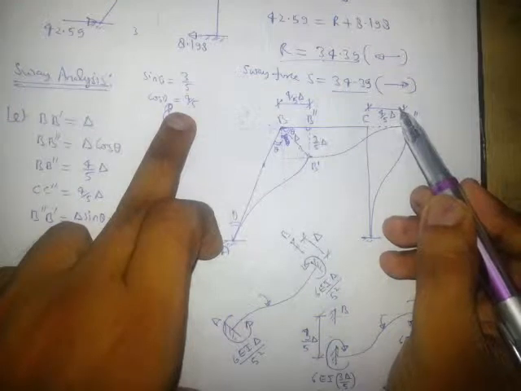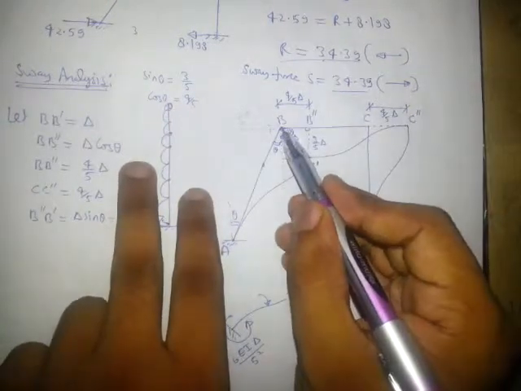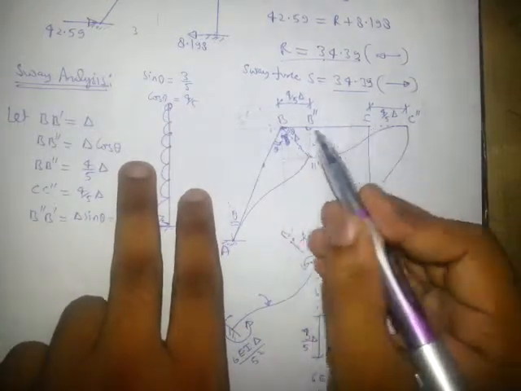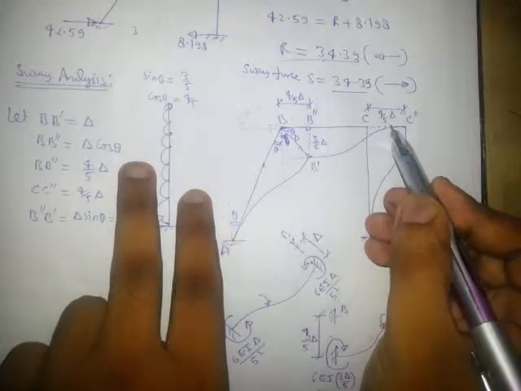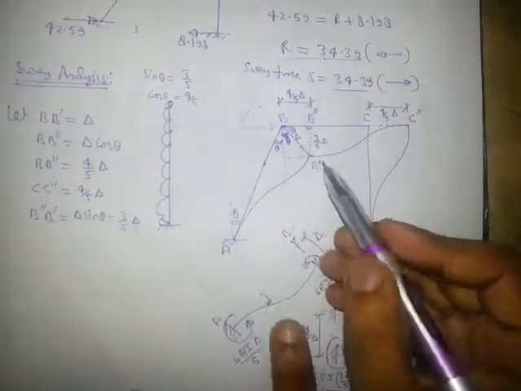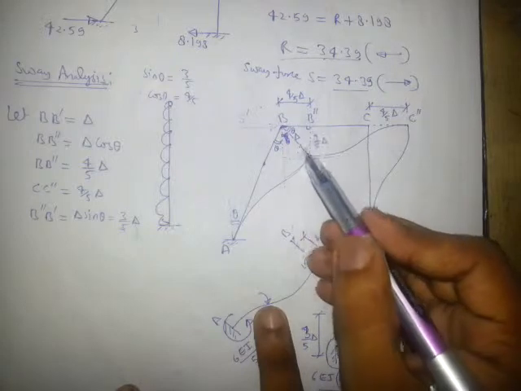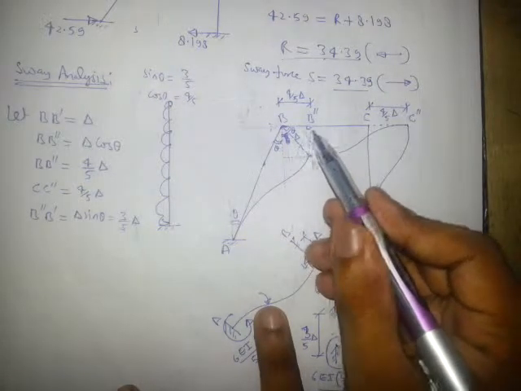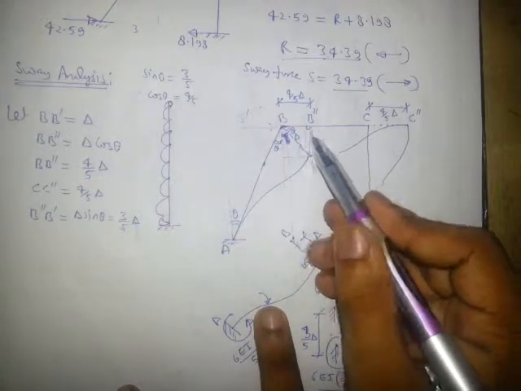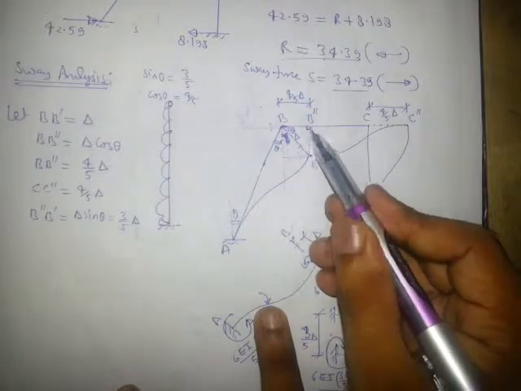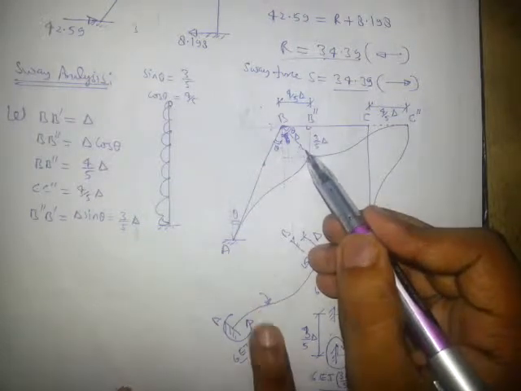This will also be 4 by 5, means the horizontal movement of joint B and C will be same, right? And this will be delta sin theta, and sin theta will be 3 by 5, so this is 3 by 5, right?